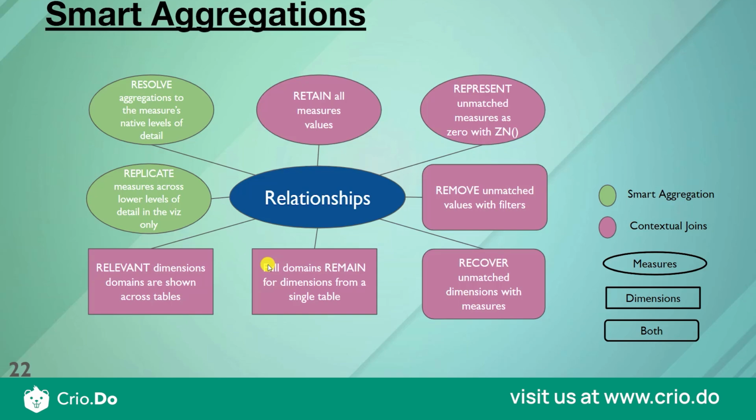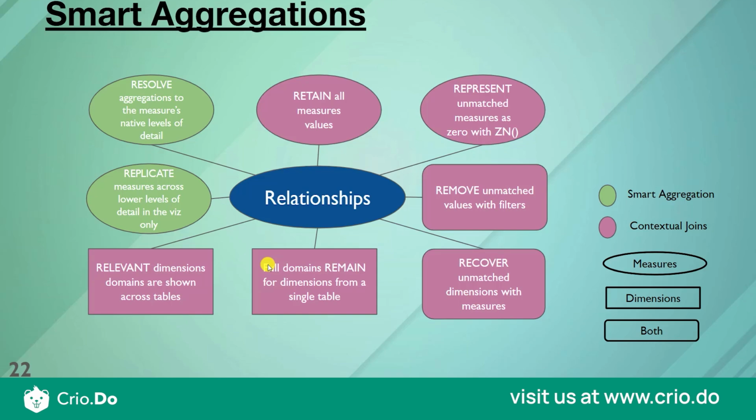So the figure you're seeing right now is called the 8 R's of the relationship semantics, with the smart aggregations coming up in green and the contextual joins coming up in purple or pink, whatever you want to call it. And we are seeing three different shapes: ellipse for measures, square for dimensions, and curved edges for both of them.